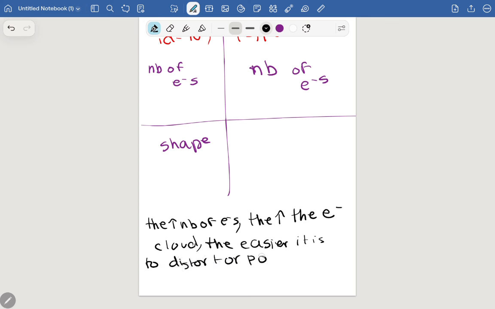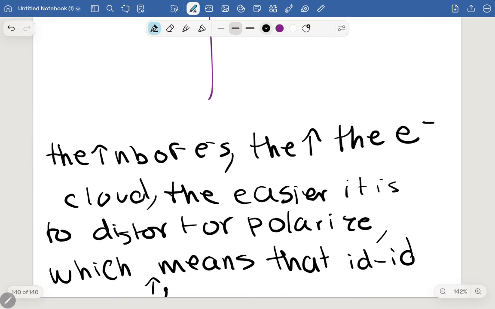So if we distort or polarize the cloud, the instantaneous dipole, induced dipole is going to be stronger. I don't think it's going to fit, I'll just try to make it fit. So it's going to be stronger. And what does this mean if it's stronger? More energy needed. That means boiling point is higher.